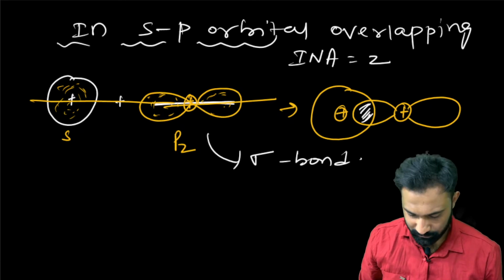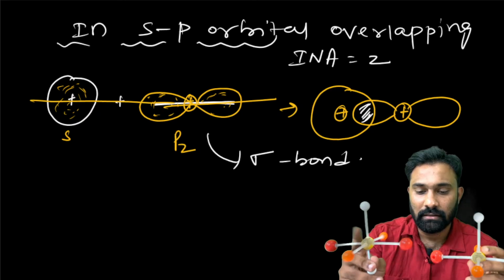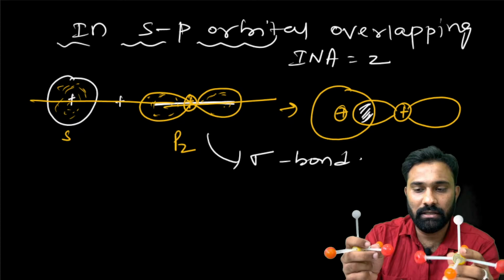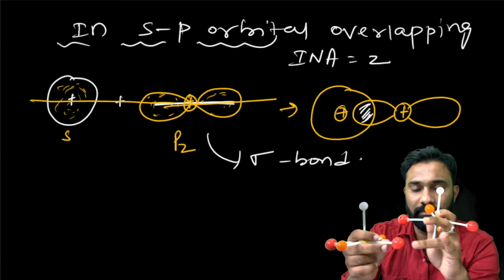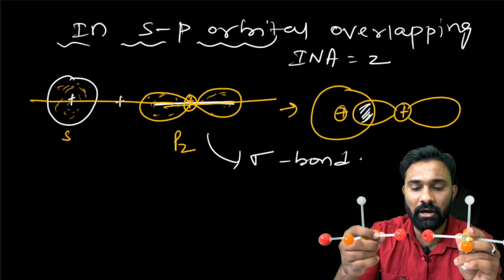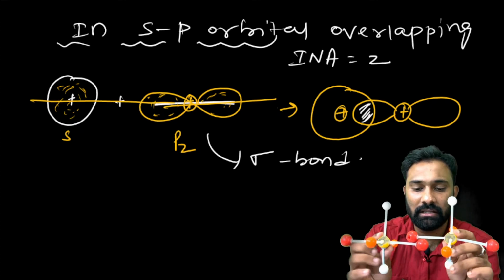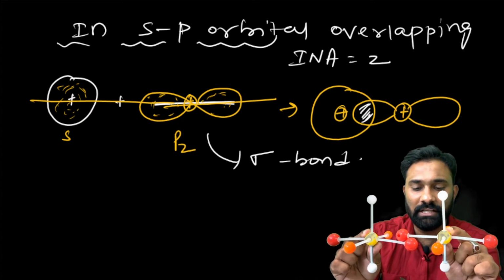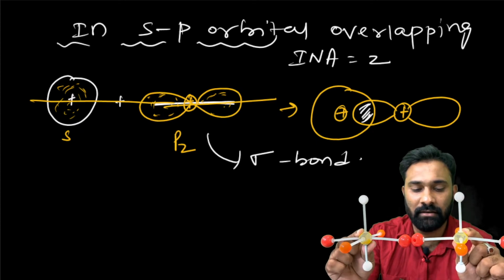Now here you can see, if you cross check, this red one is the S orbital electron. The internuclear axis is Z, and this is the PZ orbital. When they overlap head-on, the electron region is shared between the nuclei, the yellow ones.